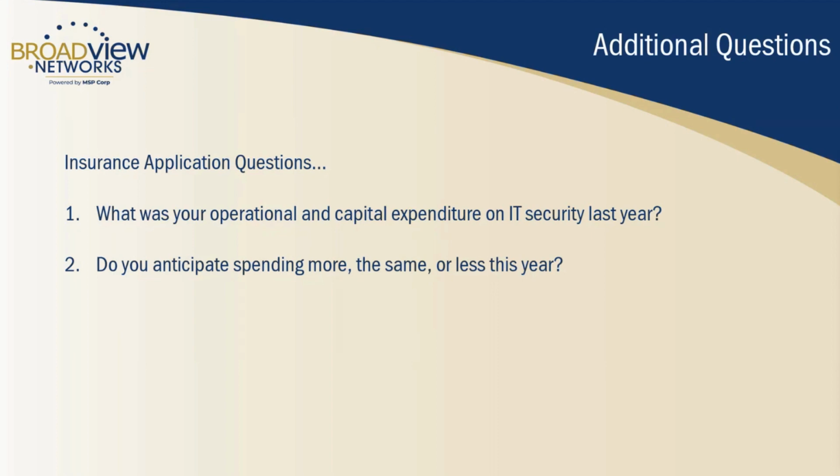When we first saw this question come up, we were like, okay, what's that going to do? We talked to the broker partner and we've actually seen policy premium rates change based on whether the organization has a committed plan to spend on cybersecurity prevention or not.